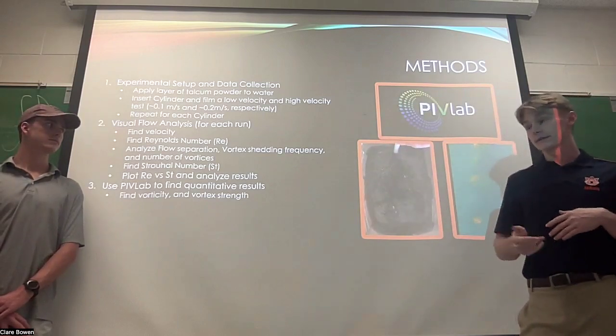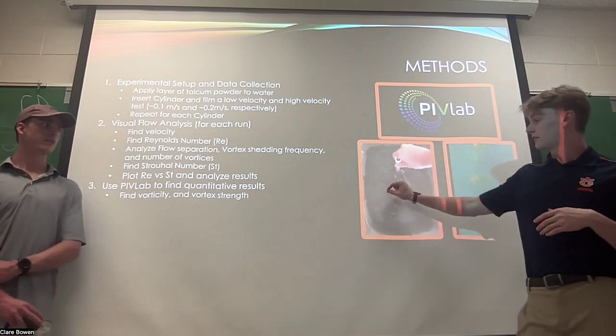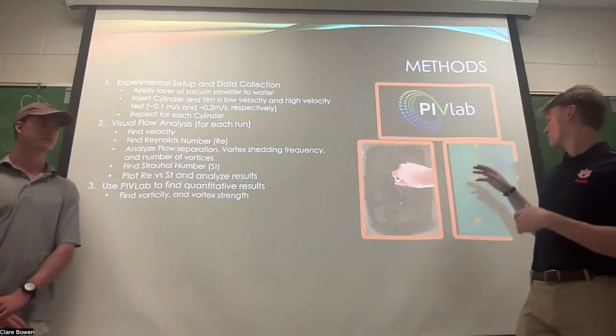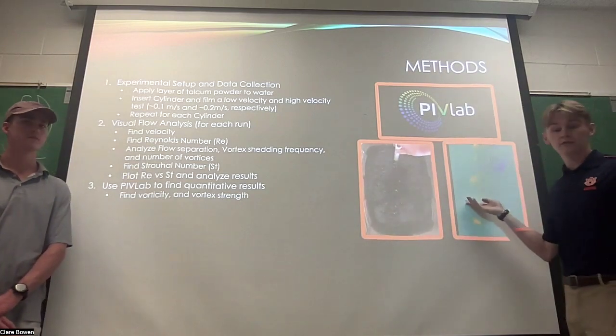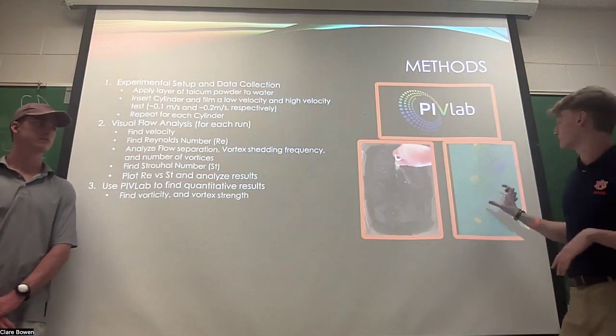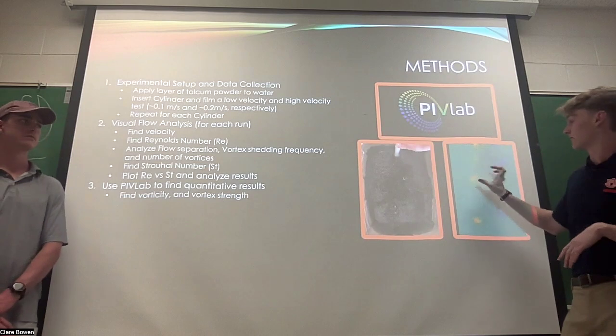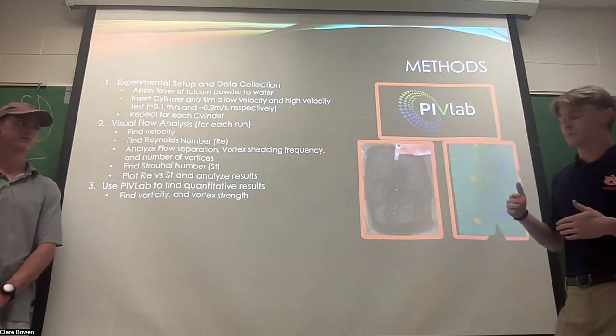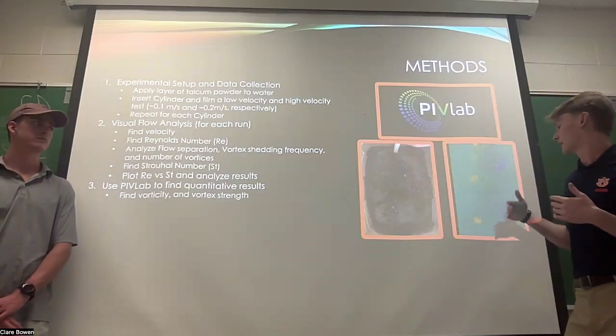Once you calibrate it, it sees how fast the particles move between frames. This can be characterized into a vector field for the velocity, and you can also relate it to a heat map of the vortex structure and vorticity that you can see right here, which lets you know how strong the vortices are and where they are.